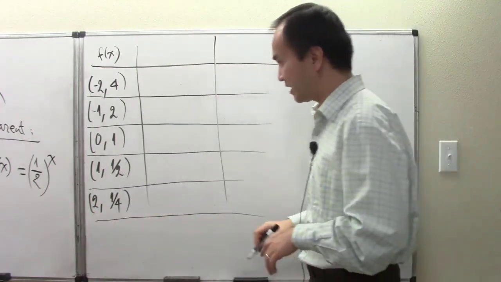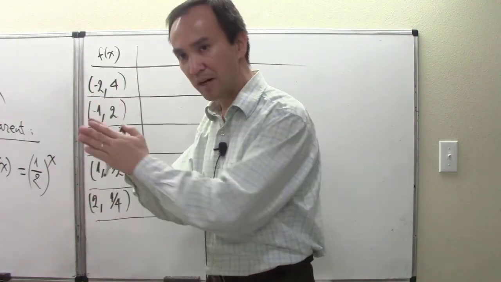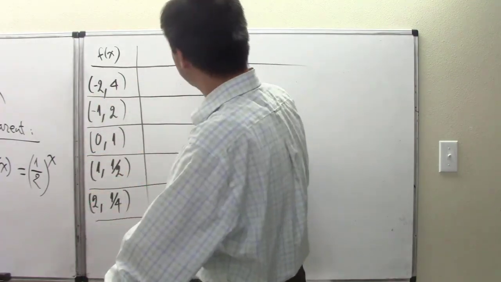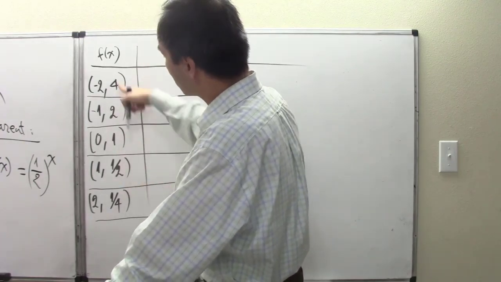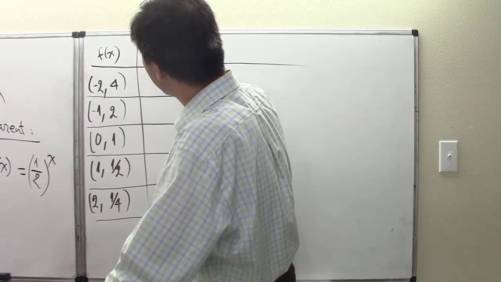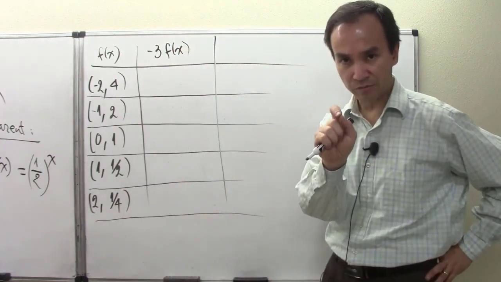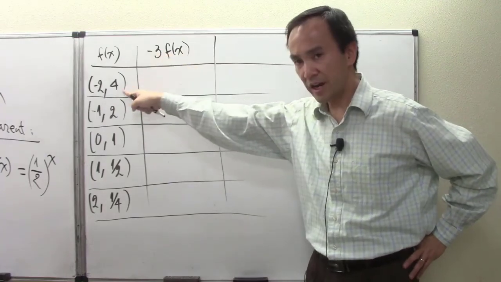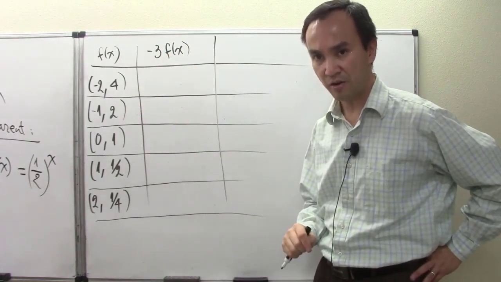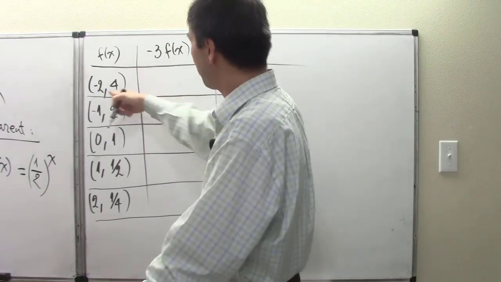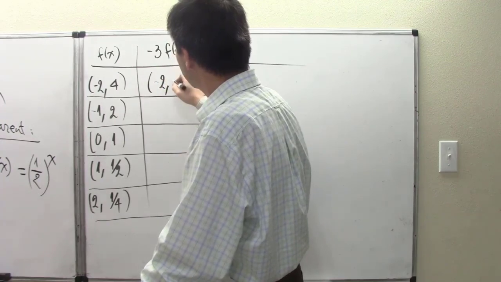And so now in the next step, again, vertical scaling must come first. So in that way, I'm going to look at the column to see how the changes will affect the y values here by doing -3 times f of x. So I'm going to multiply -3 to every y value. Nothing will be done to the x values. Okay, so now the first pair of values becomes (-2, -12).